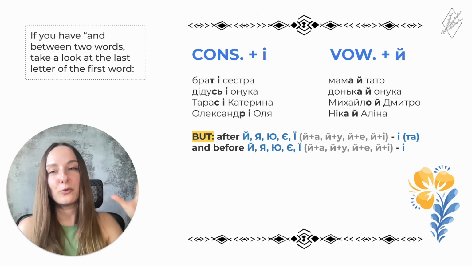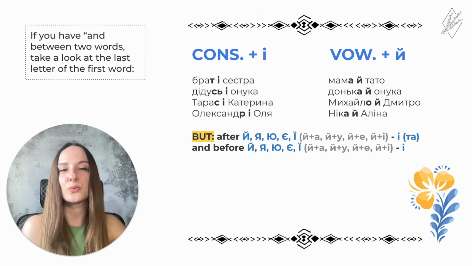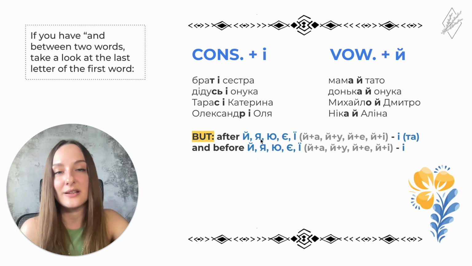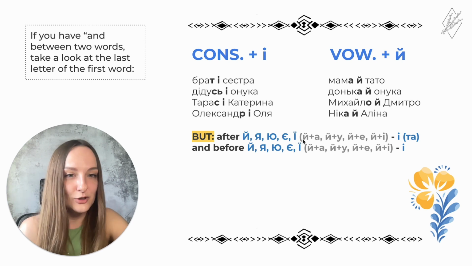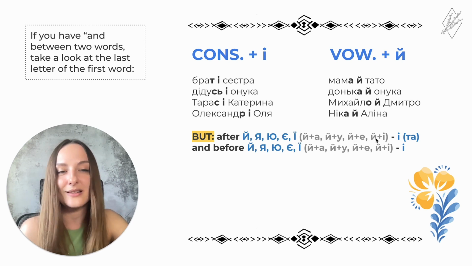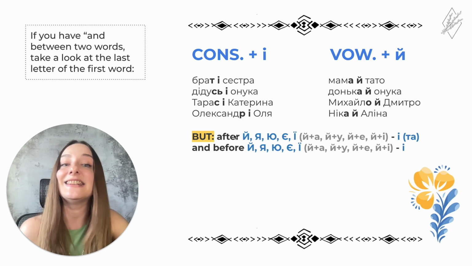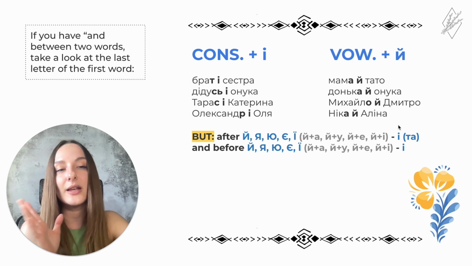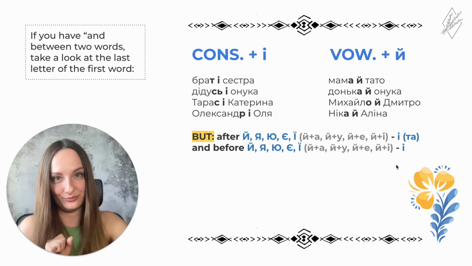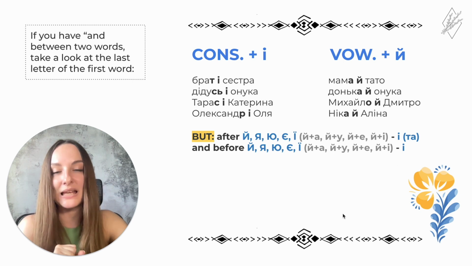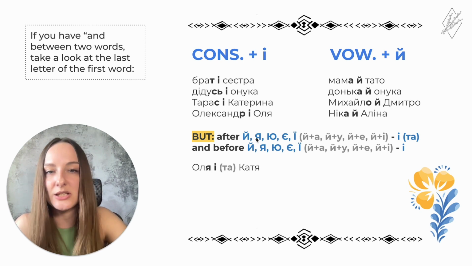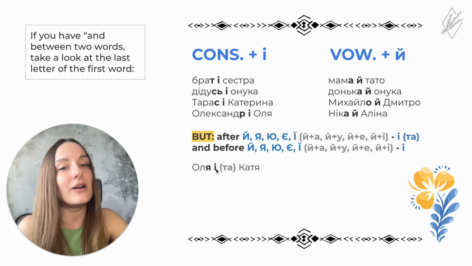If your first word ends with one of these 5 letters that include yod, so yod, ya, yu, ye, yi, you can see they all include y sound in them, or if the next word actually begins with one of these letters, then we may use only conjunction и. For example, Оля и Катя. So Оля ended with ya, it's in our list, so we use и after it.